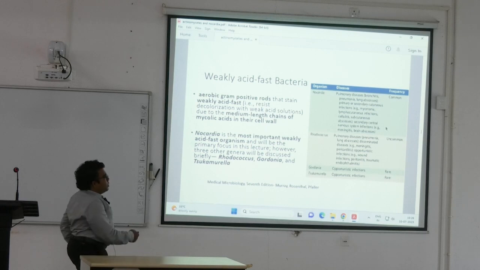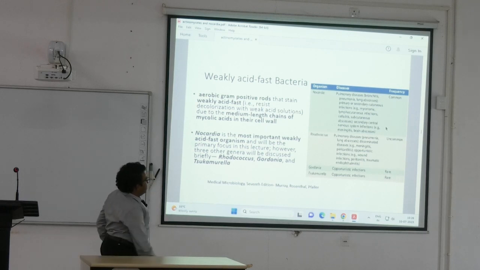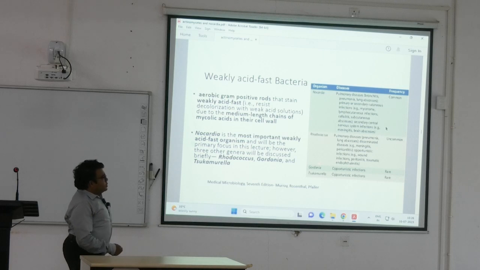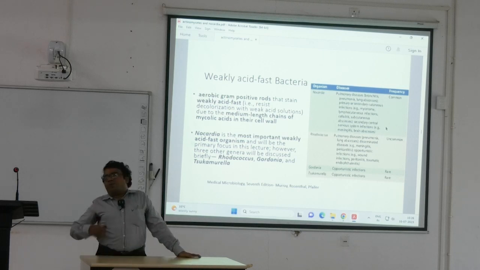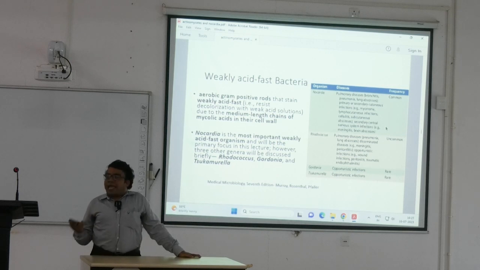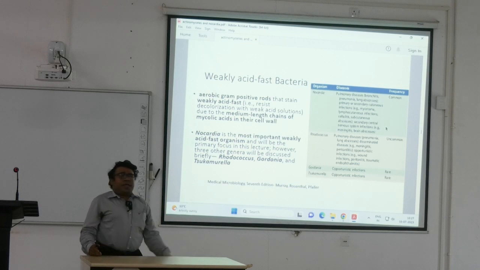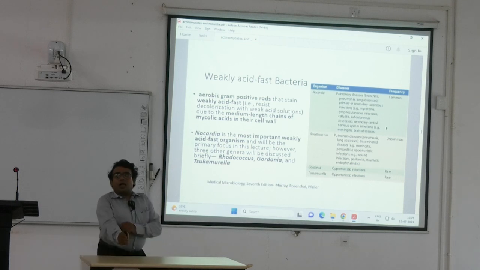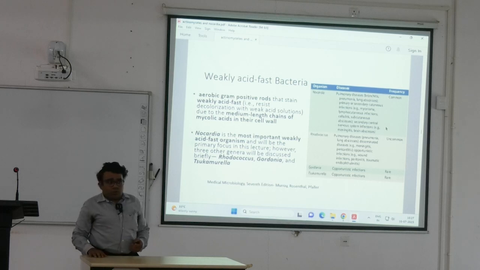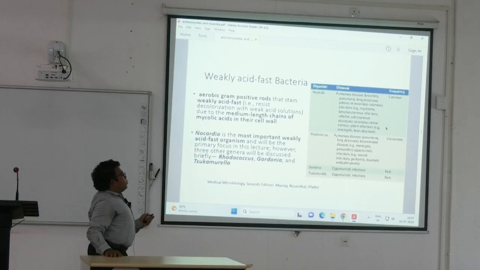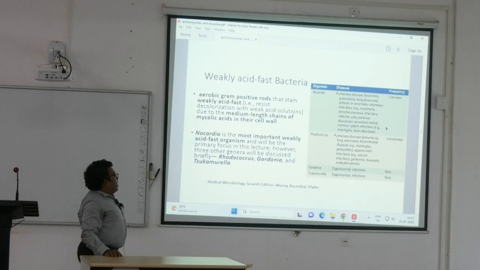The main predominant concern is about Nocardia and Rhodococcus. Rhodococcus is a bacteria which can have a pleomorphic form, can form a bacilli and is actually a cocci, and may cause pulmonary infections. I think for you this is enough about Rhodococcus. The main important organism we will consider is Nocardia.